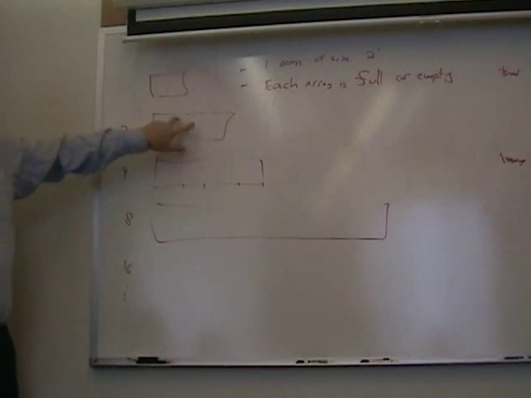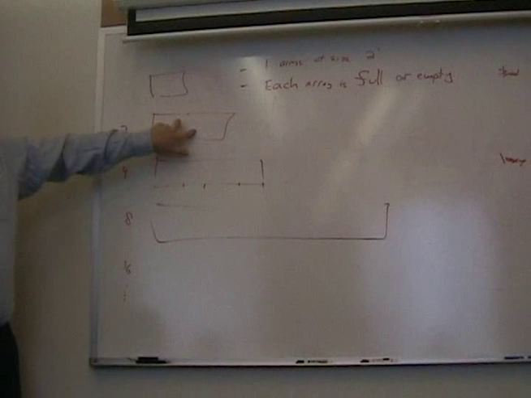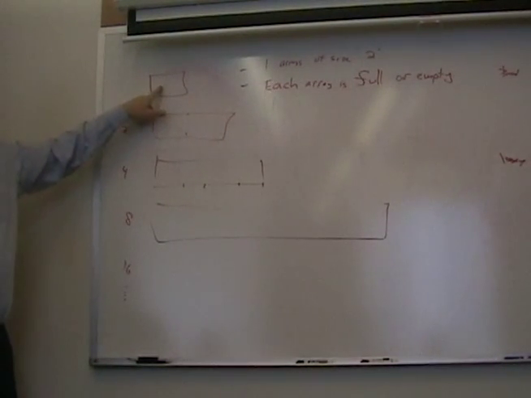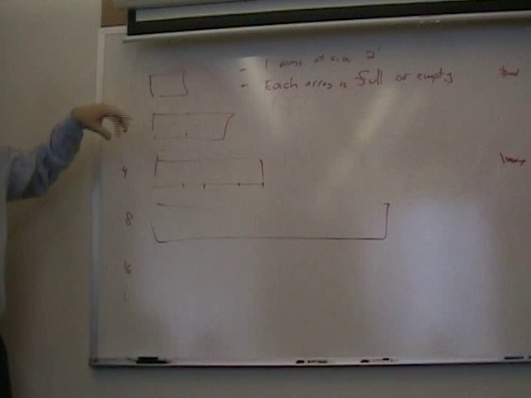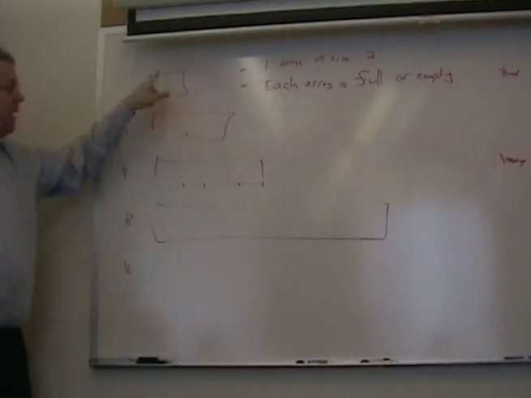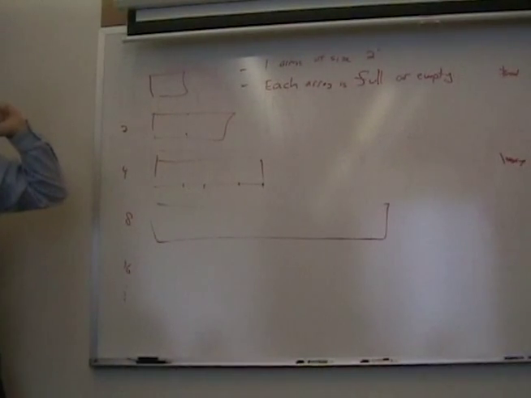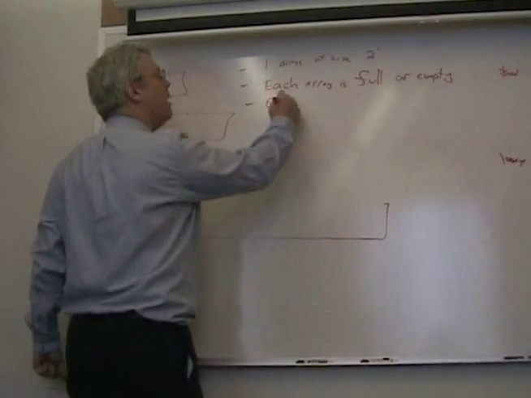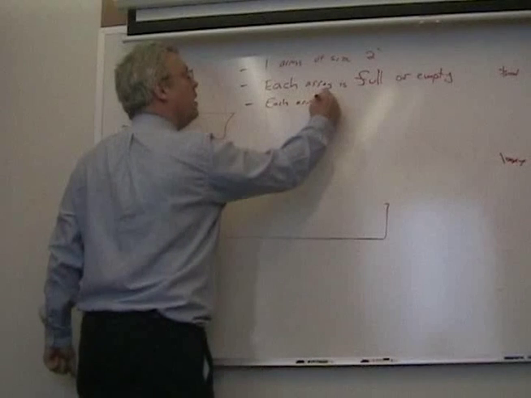If I have 2 items, they both have to go here. If I have 3 items, well, 2 of them have to go here and 1 here. Essentially, if I take the binary representation of the number of items, that tells me which arrays have to be full. So if I have 5, I have to fill in this array and put 1 item there. And then the third invariant is that each array is sorted.